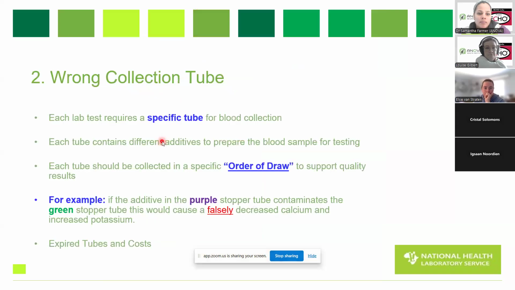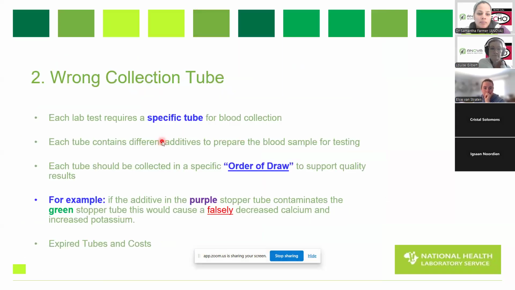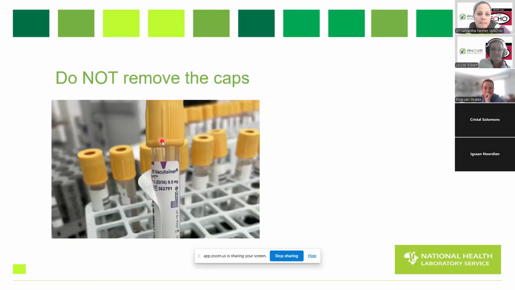Sometimes, and this is what happens when you're taking blood with a needle and a syringe, people tend to take the caps off the tube to put the blood from the syringe in the tube. Look what happened here. This is a purple tube containing potassium EDTA. It normally has a purple or lavender cap.